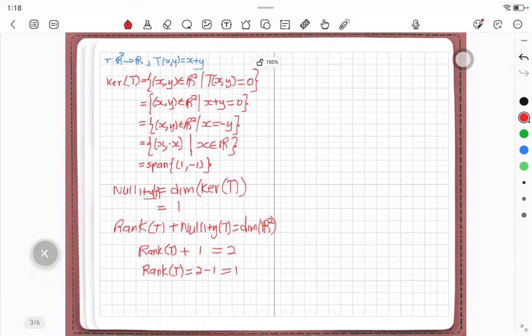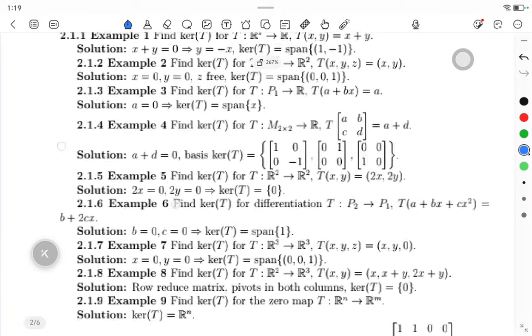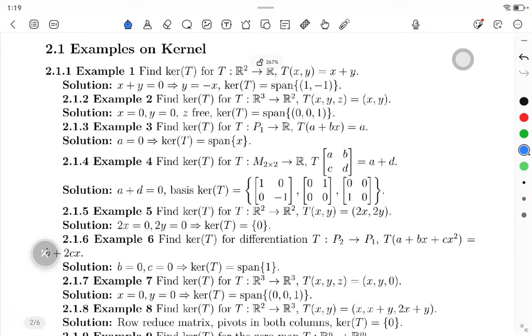So for each question, we're going to check what is the rank and what is the dimension, so that you can get used to it. Even though the question wanted a kernel, we're going to check all. So let's look at the second example.